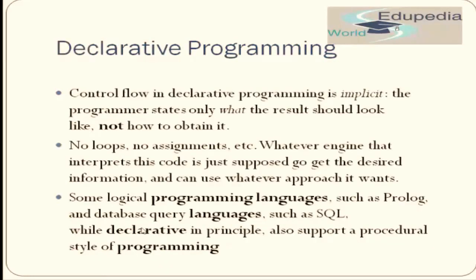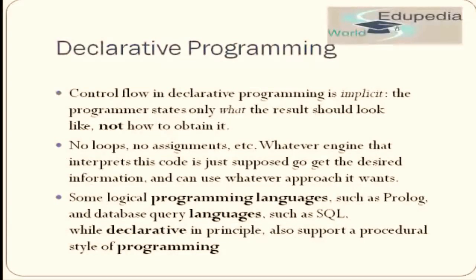Okay, next is declarative programming. In declarative programming, the control flow is implicit. In imperative programming, the control flow is explicit, which means you need to explicitly define it. But over here it's implicit. You don't need to explicitly define where to go next. The programmer states only what the result should look like, not how to obtain it.